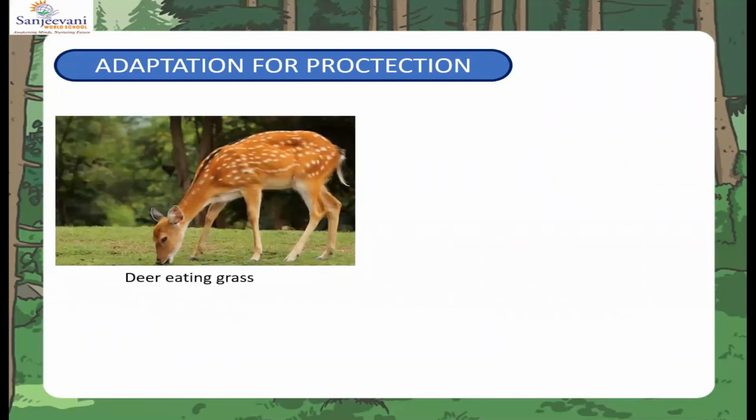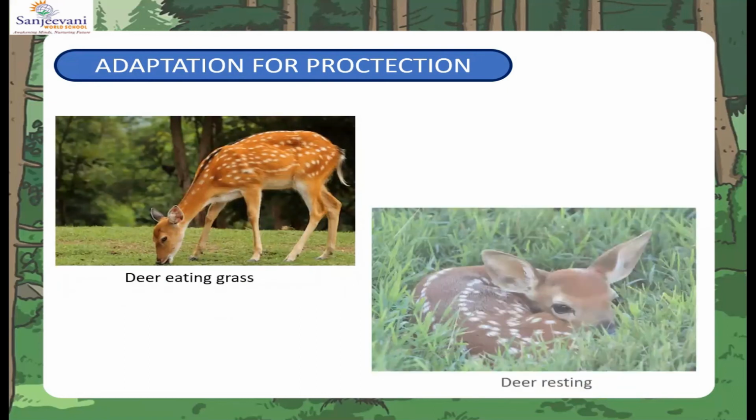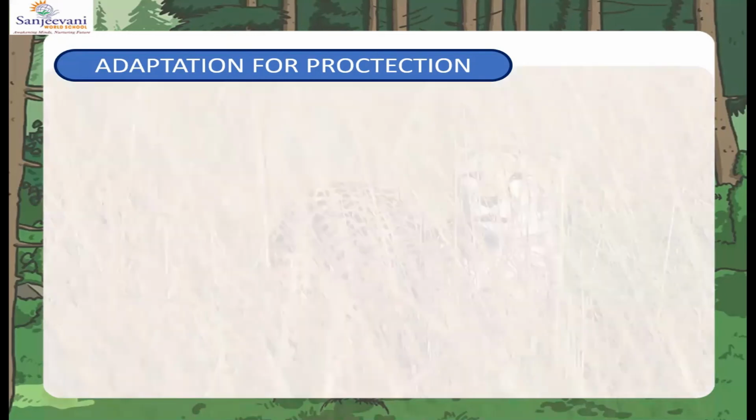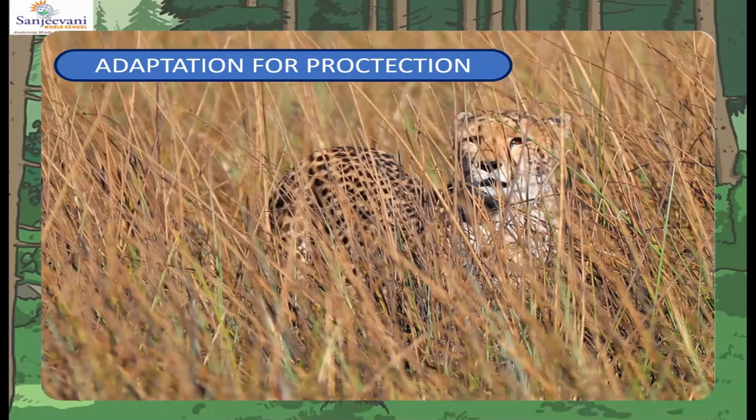The spots or stripes on the bodies of some animals help them to merge with their surroundings, which makes it difficult for their enemies to see them. This is called camouflage.